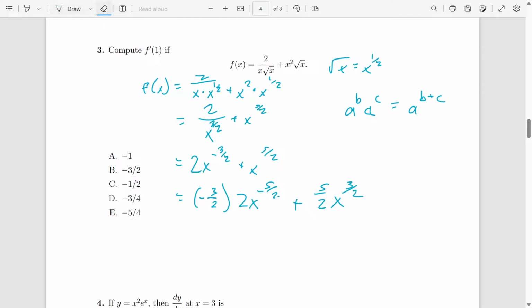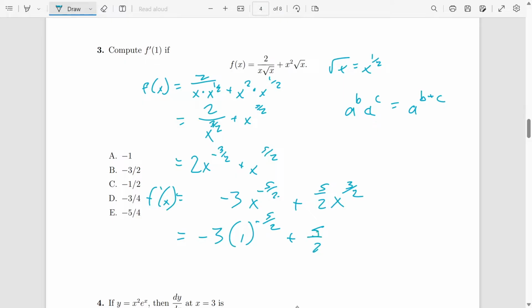Here, let's rewrite negative 3/2 times 2 as just negative 3, like that. That's f prime. And now we just plug in 1 for each of these and we'll get our answer. So this is equal to negative 3 times 1 to the negative 5/2 plus 5/2 times 1 to the 3/2. 1 to the power of anything is still 1, so we can basically ignore those.